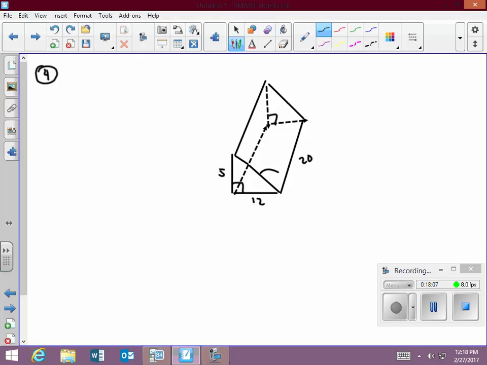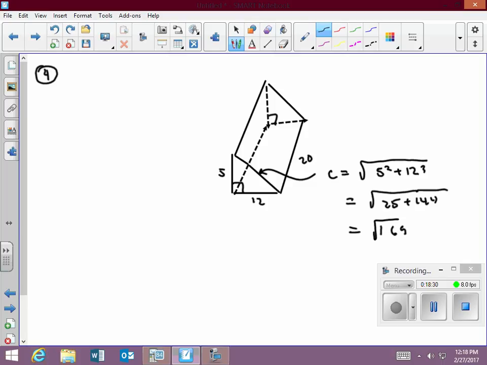So to get the perimeter, we're going to have to calculate that C, which is the square root of 25 plus 144. 169, isn't it? And that's a square root of 13, or 13. So that distance right there is 13.